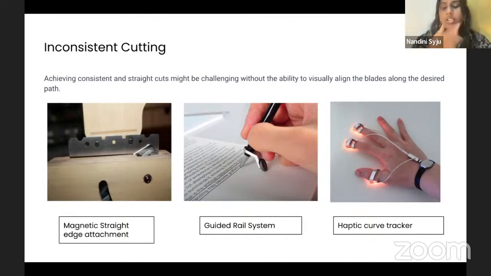Or even something very interesting that I saw in a design for a pen, a guided rail system. We can apply this to the scissors design as well, or even a haptic curve tracker. So you can think about how you can throw that into the form of the scissor, right?